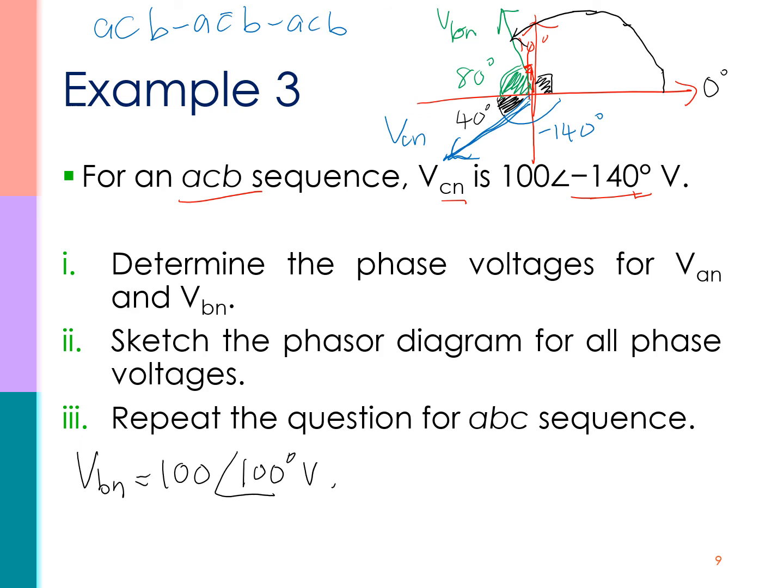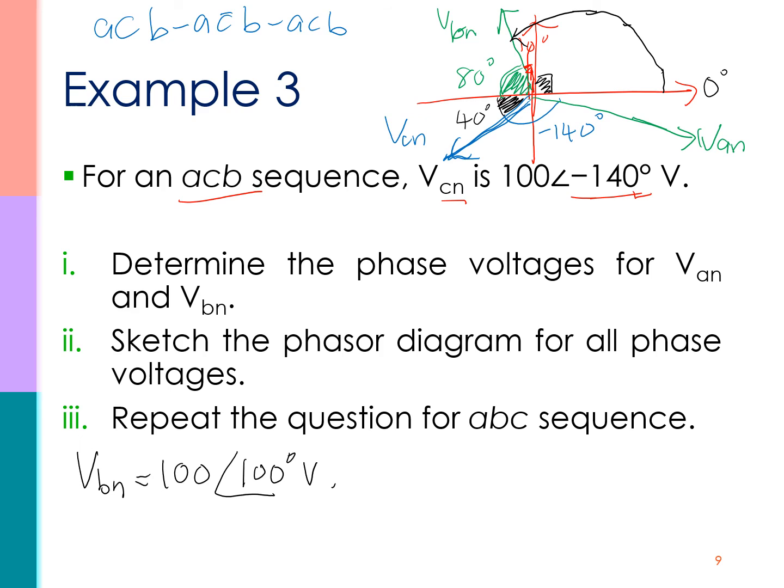Then we have to find VAN, where the difference between B and A is also 120. So you know this one is 100, so you have to add another 20 degree. The 20 degree is somewhere here, VAN.